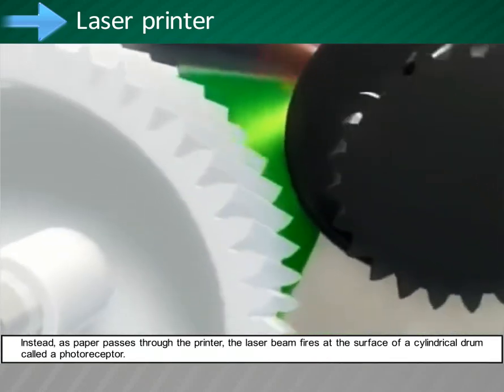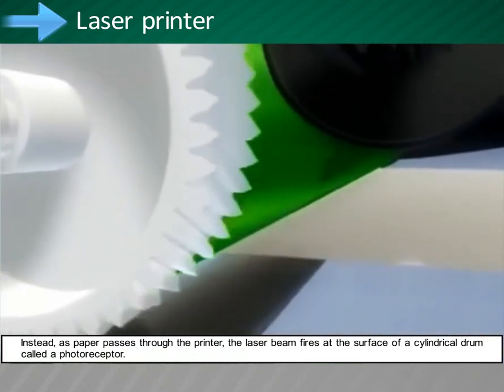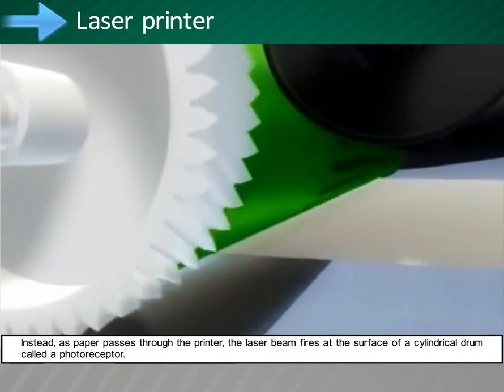Instead, as paper passes through the printer, the laser beam fires at the surface of a cylindrical drum called a photoreceptor.